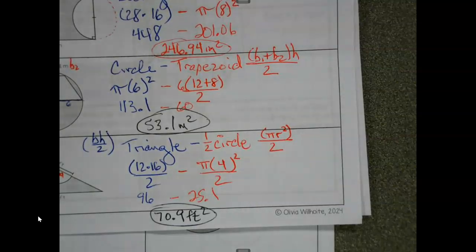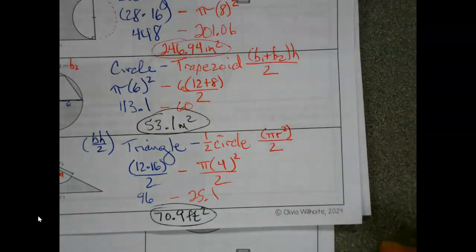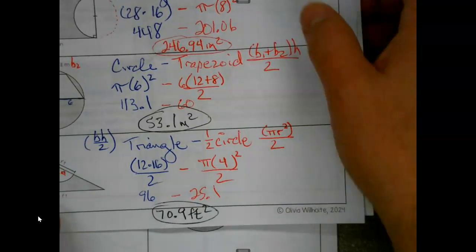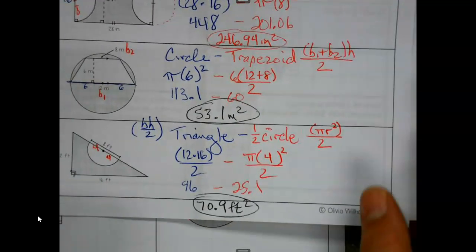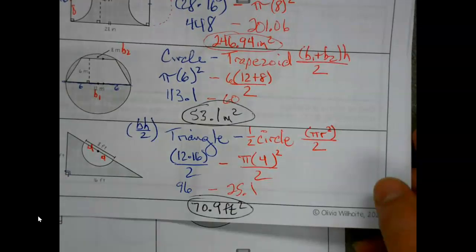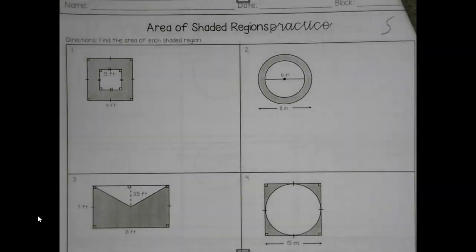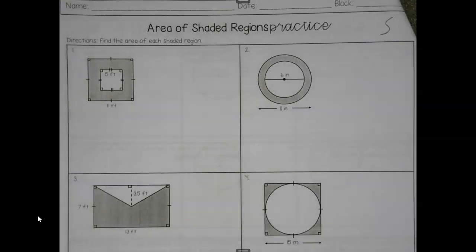So I got 2 things to say here as we start looking towards the practice. I do this every once in a while because sometimes things can get backed up a little bit when we're doing stuff, and I don't want that to happen to you. So on the area of shaded regions practice, 6 problems, just this side, page 5, okay?